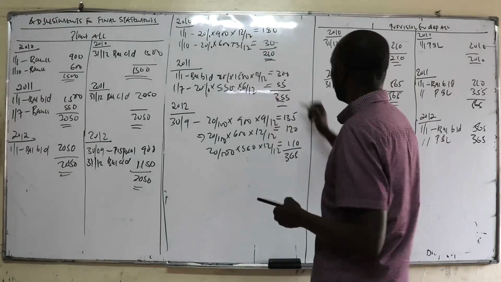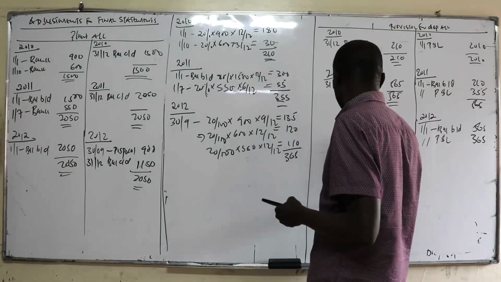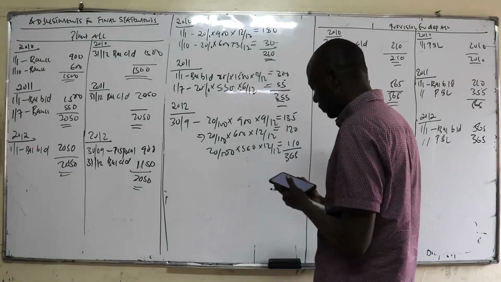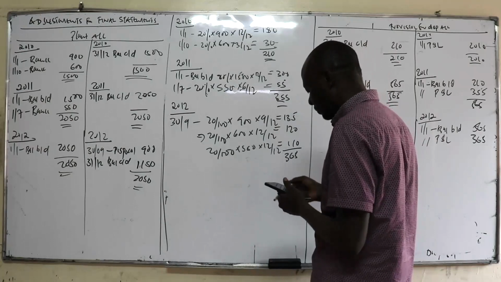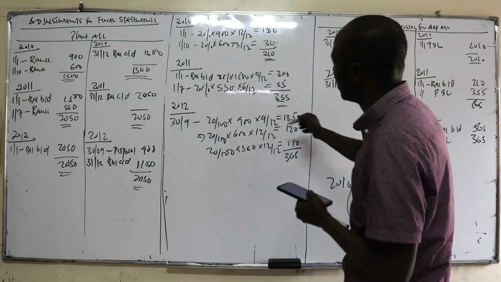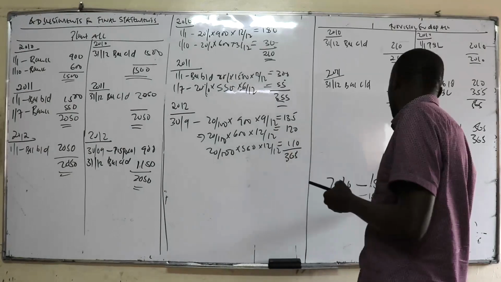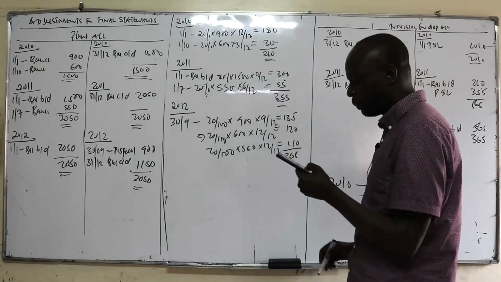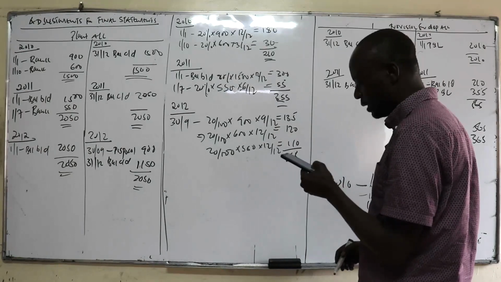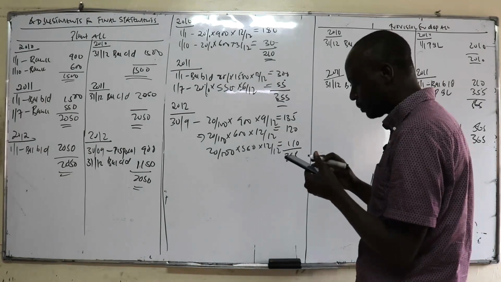In 2011, in this 300, we have 180 that is attributable to it. So we're going to add 180 there. And then in 2012, they charged 135. So we're going to add 180 plus 180 plus 135. That one is going to give us 495.